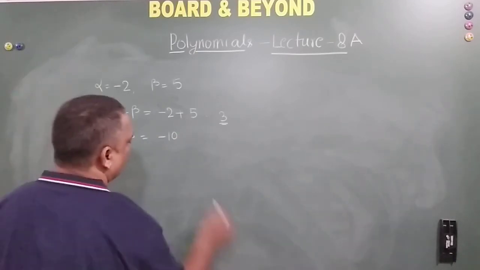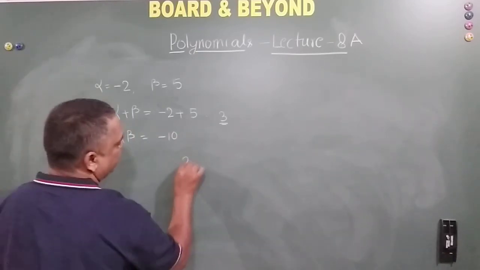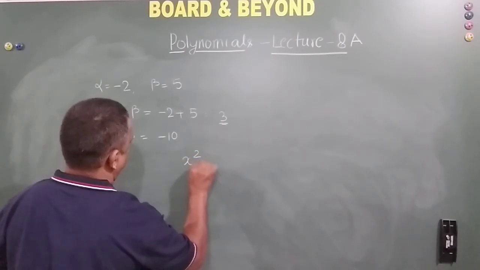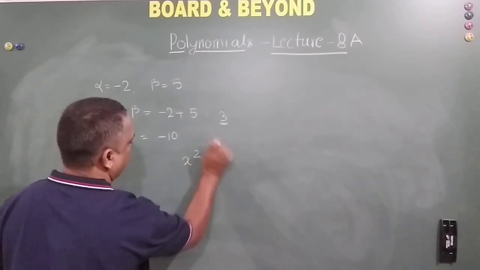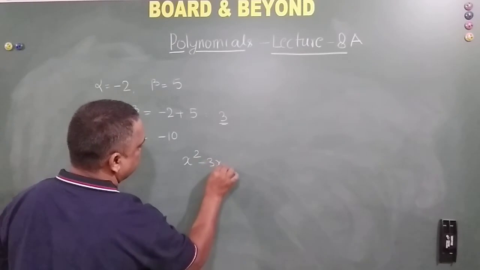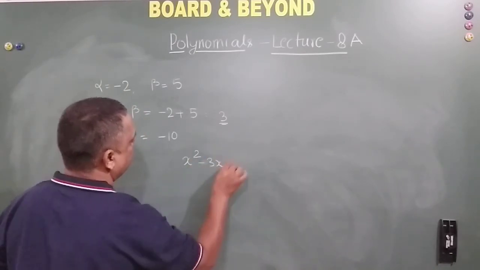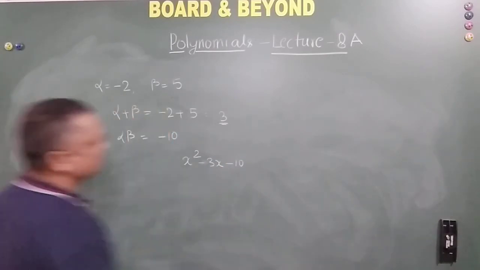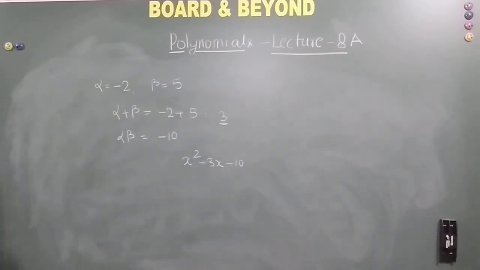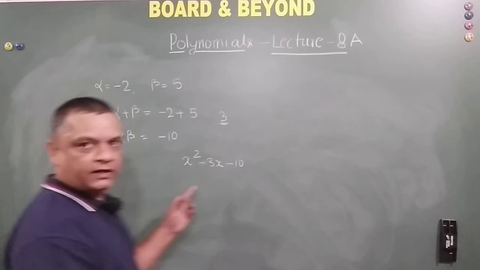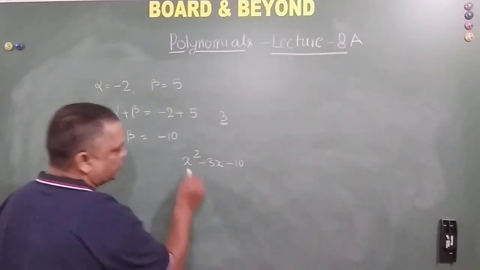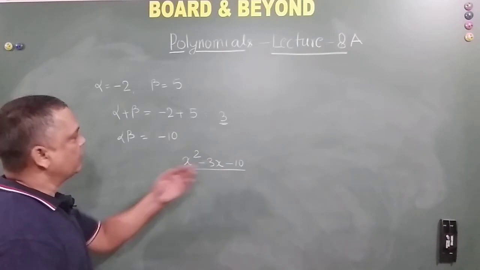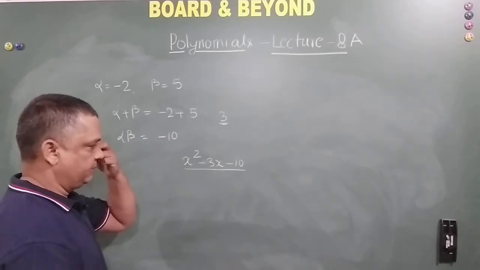So the quadratic polynomial will be x square minus 3x, that is minus (alpha plus beta) into x, minus 10. You got it? You are getting it now? So this is the quadratic polynomial for which the roots will be minus 2 and 5.